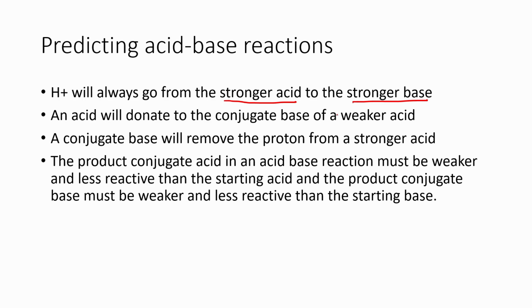The product conjugate acid in an acid-base reaction must be weaker and less reactive than the starting acids, and the product conjugate base must be weaker and less reactive. So basically, when you react two substances together, it will react, but the products will always be weaker than what you started with.